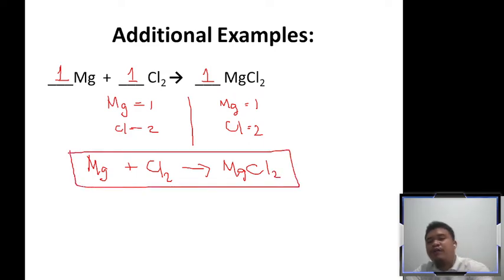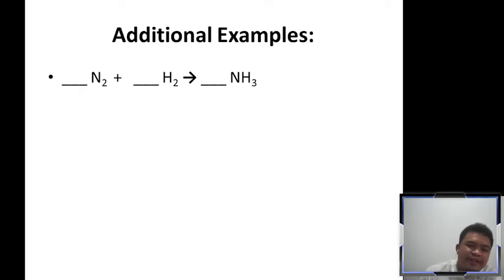That is our final answer. It seems like we did not even make an effort to balance this equation. That's very simple. So let's proceed to our next example. About this, N2 plus H2 yields NH3.